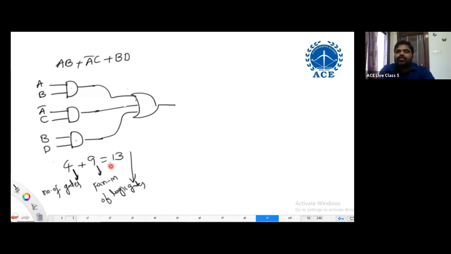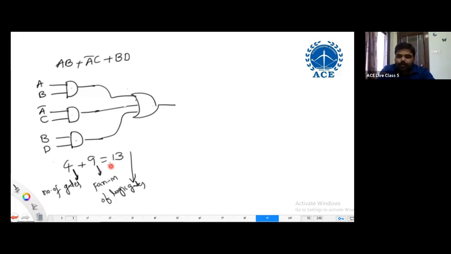Minimization of Boolean expression using K-map is dash. Option A, reducing number of gates. Option B, reducing fan-in of a logic gate. Option C, both. Option D, none.